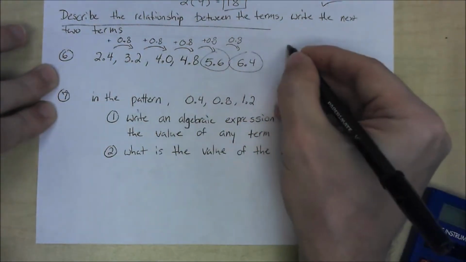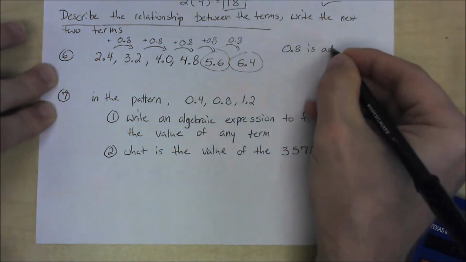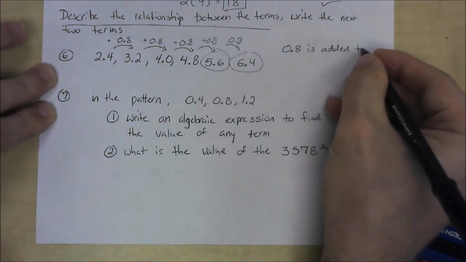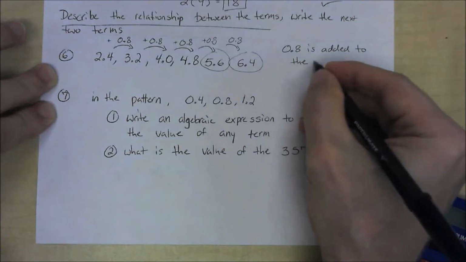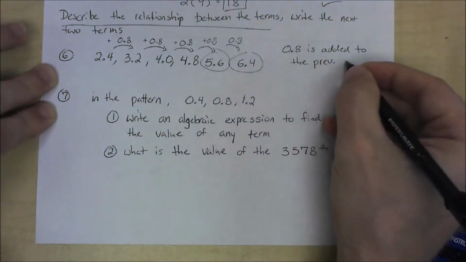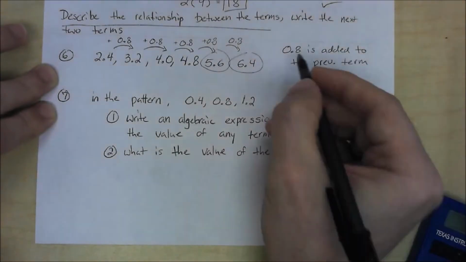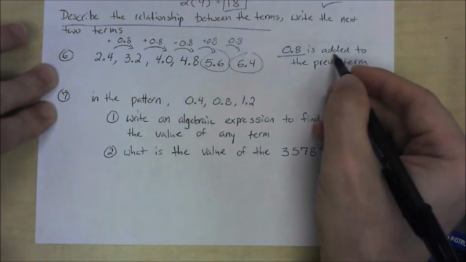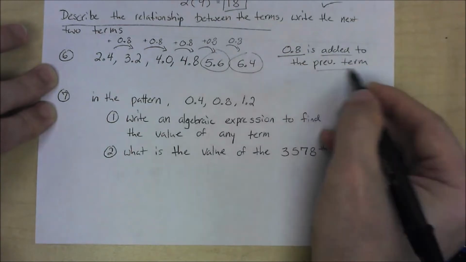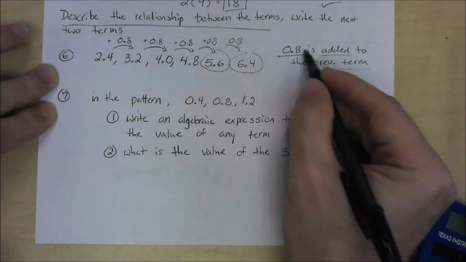So what we're going to say is 0.8 is added to the previous term. You can abbreviate previous, P-R-E-V, period, term. Now, if you write this in different words, that's fine, but you have to have 0.8, you have to tell me it's being added to the previous term, previous number, previous amount. You need those three things.